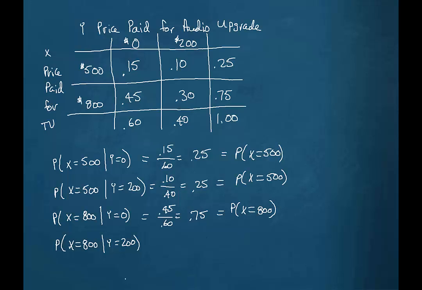Again, we're seeing our criteria satisfied, so we carry on to the last one. The probability that x is 800 given y is 200 would be 0.3 divided by 0.4, which again is 0.75, which is equal to the probability that x is 800.